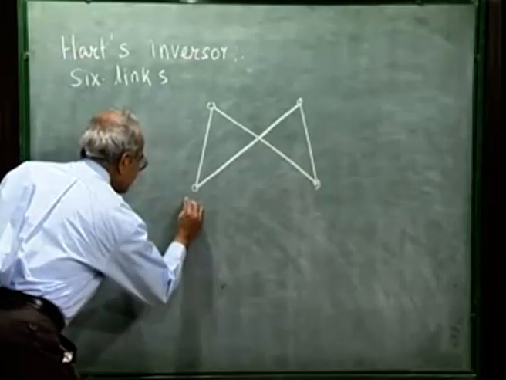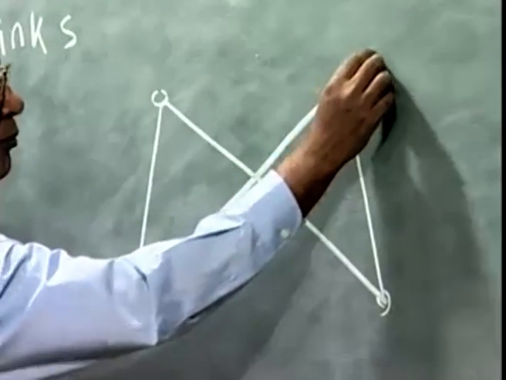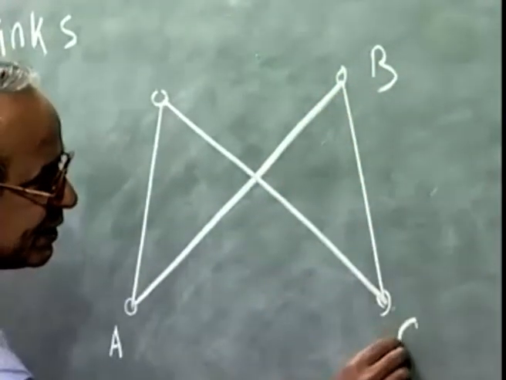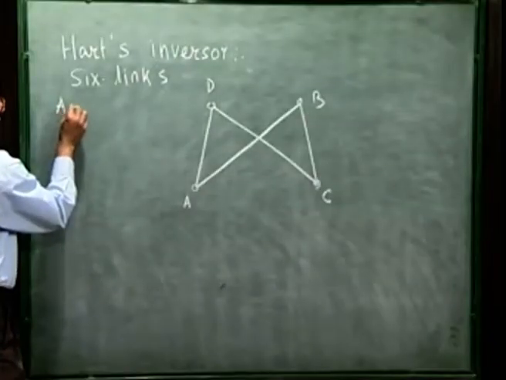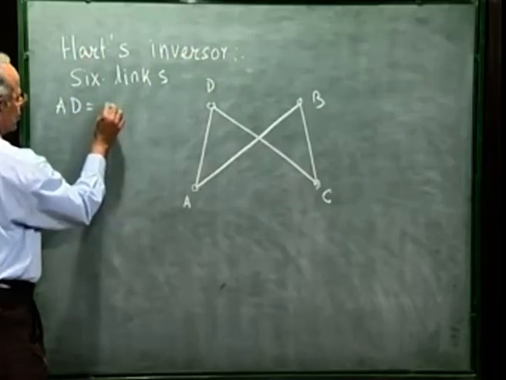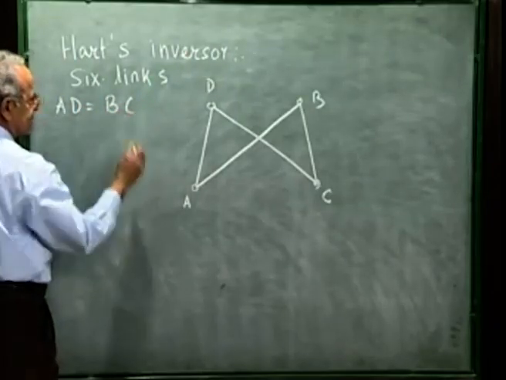Let me call this figure A, B, C and D. In this, AD, this link length, is equal to BC, the other link length.